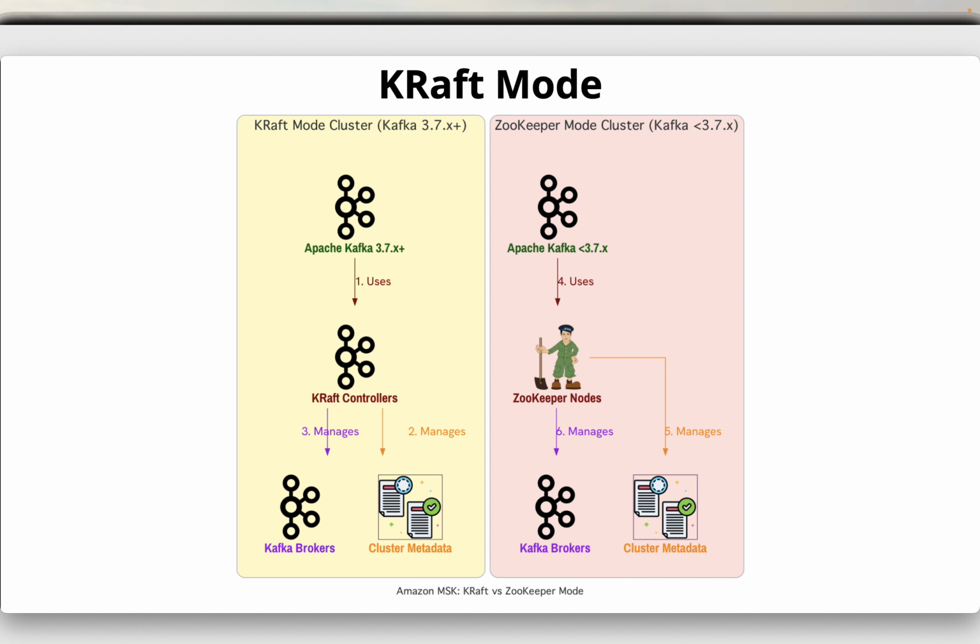In KRaft mode, cluster metadata is propagated within a group of Kafka controllers which are part of the Kafka cluster instead of across Zookeeper nodes. KRaft controllers are included at no additional cost to you and require no additional setup or management from you. So earlier Zookeeper was used for metadata and cluster coordination, which was a separate technology for distributed applications.